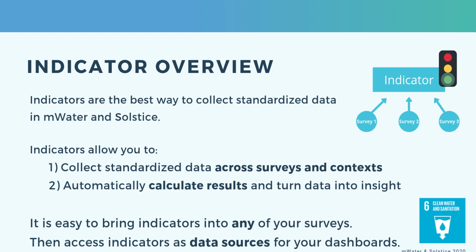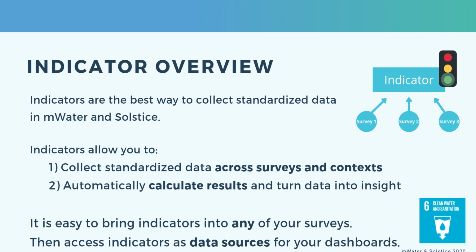Additionally, where relevant, indicators allow you to automatically calculate results and turn data into insight. So you can imagine a survey with 10 questions all talking about water service level, and the indicator as defined can calculate you the service level automatically following a set of rules so that you can grab onto the service level information in real time.